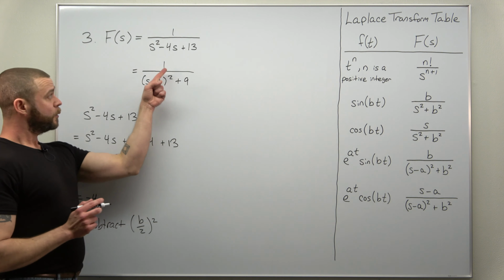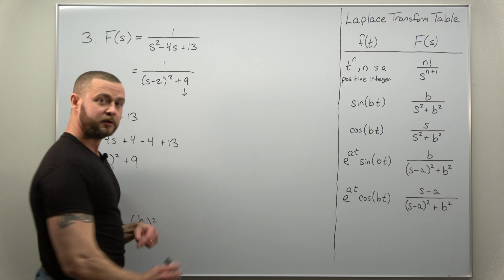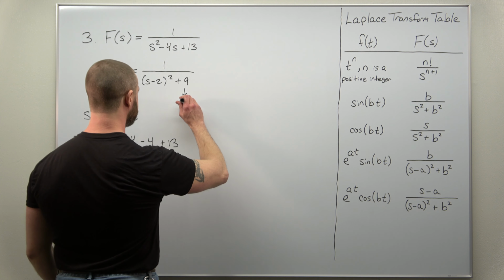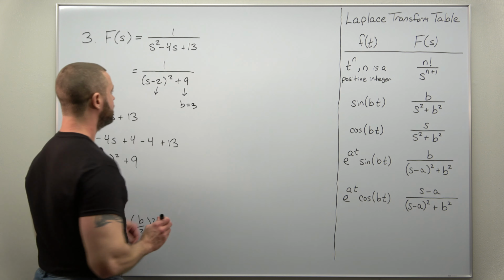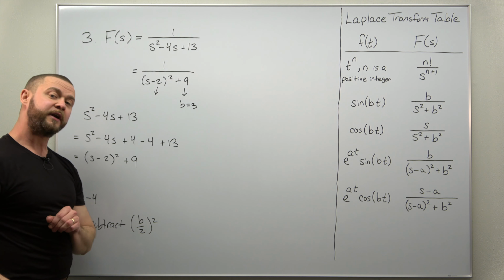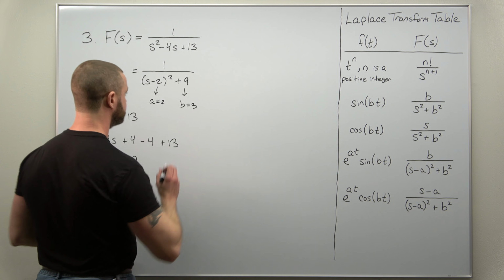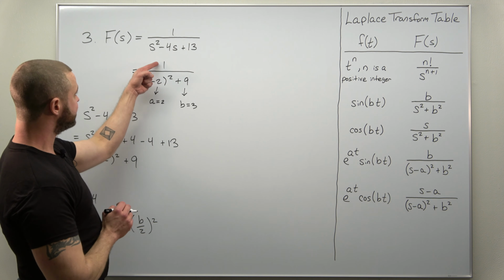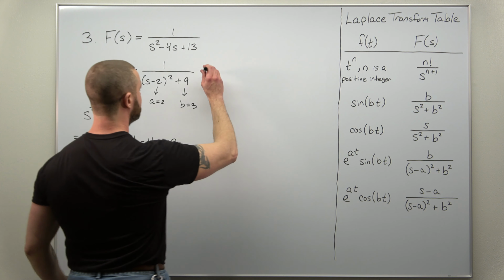We're going to identify the value here in the denominator as b squared. So if b squared is 9, that's going to imply b is 3. And right there, inside that completing the square term, we're going to identify a as 2. All right, the only thing we need to do is get a factor of 3 up there, but we can do that by multiplying by 1.